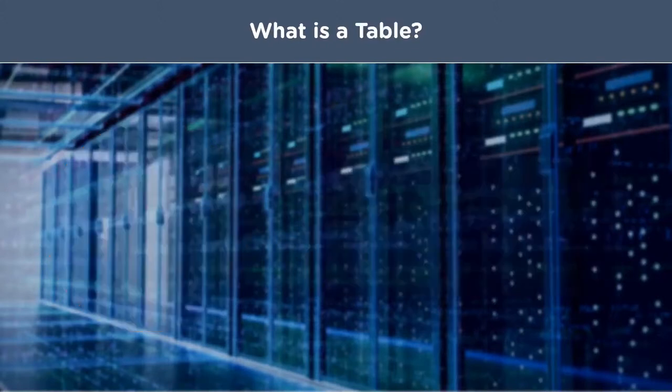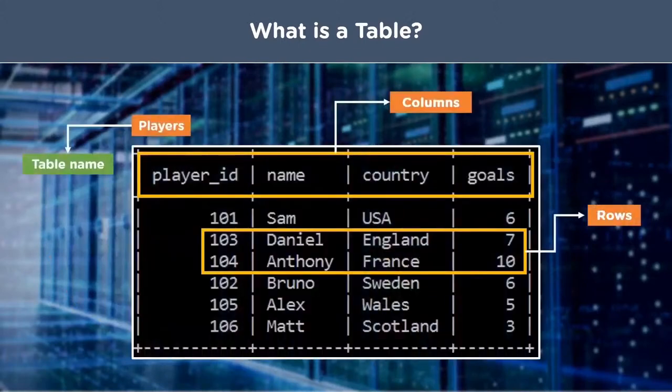With this, let's look at what a table is. This is how a table in a database looks like. Here you can see the name of the table is players. On the top you can see the column names. So we have the player ID, the player name, the country to which the player belongs to, and we also have the goals scored by each of the players.